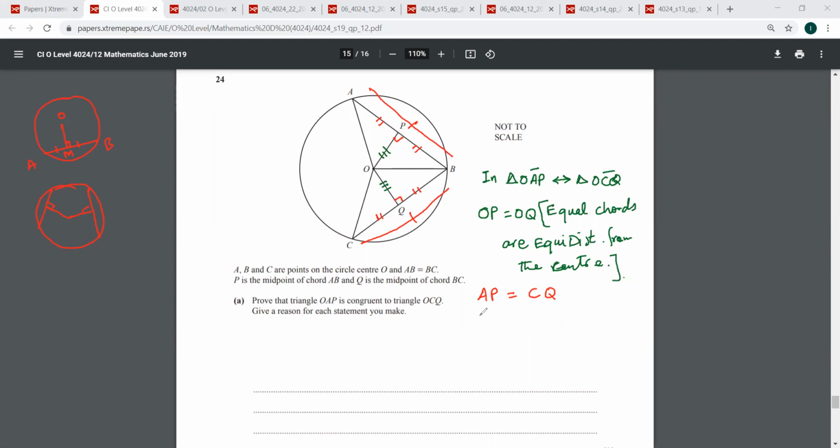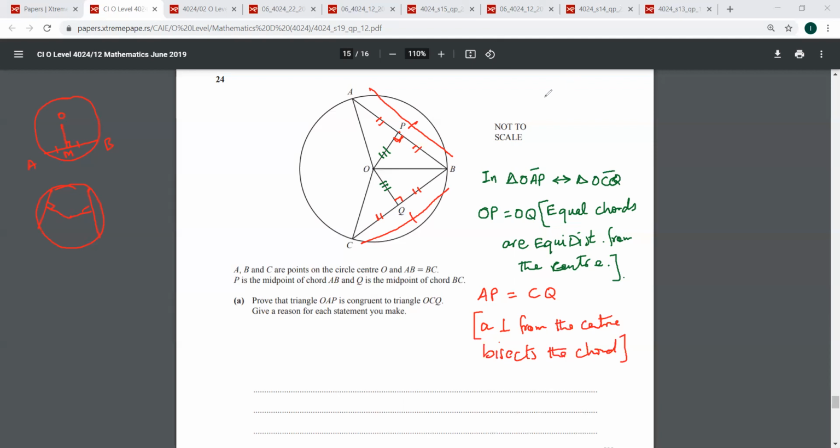And the reason is that a perpendicular from the center bisects the chord. Okay, and we know that since this was the midpoint, so there it has to be the perpendicular, so this is the bisector. So if AB and BC, they are both equal and they have midpoints marked here, so AP should be equal to CQ. Now we have to show one more measure equal here.